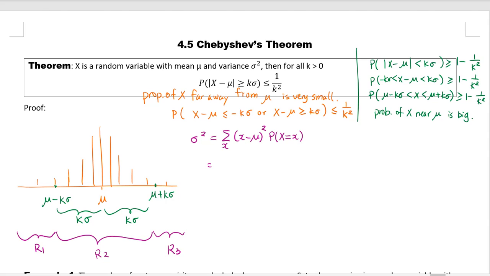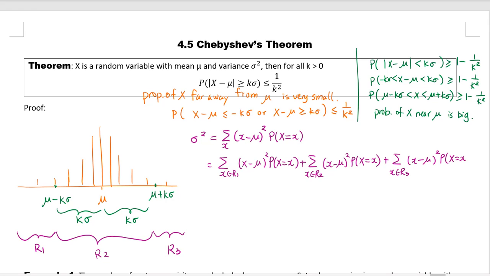So for x in R, we can separate the sum into the sum over x in R1 of (x minus mu) squared P(X equals x), plus the sum over x in R2 of (x minus mu) squared P(X equals x), plus the sum over x in R3, region 3, with the same things inside the sum.